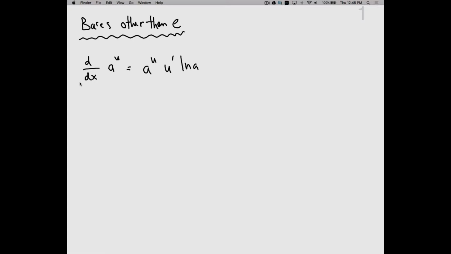If you prefer, some of you might like it better in this form. It's the same thing. The du dx is that chain element that you need when taking the derivative. That's one of them. The other one was the derivative of log base a of u.